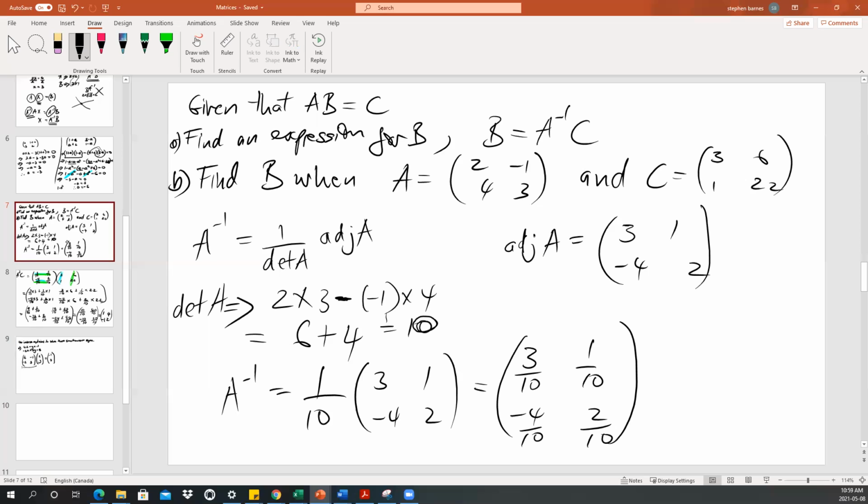So the product of this diagonal minus the product of that diagonal. And then the adjoint is swapping the places of the leading diagonal, putting 3 where you have 2, and then you apply minus signs to the other diagonal. In this case, a minus sign was already here, but when you apply the minus sign, it gives you a positive 1. And then you would have the minus 4 here.